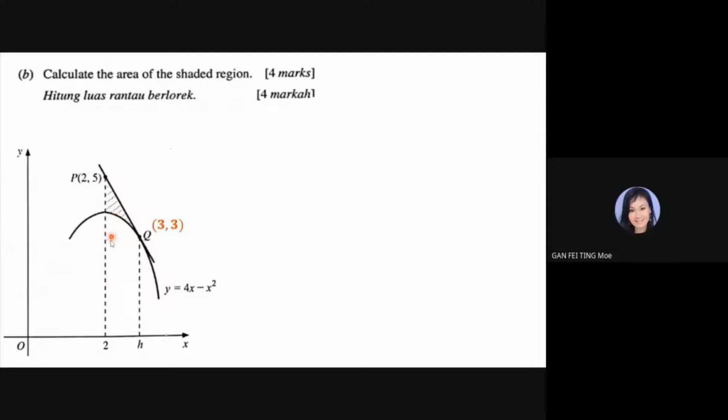Then what should I do? I need to remove the area under the curve. You say I need to look for the area of the trapezium, then I need to take away the area under the curve. Good. Now you recall the formula. Okay, thank you, Elisa. What is the formula for the area of a trapezium?